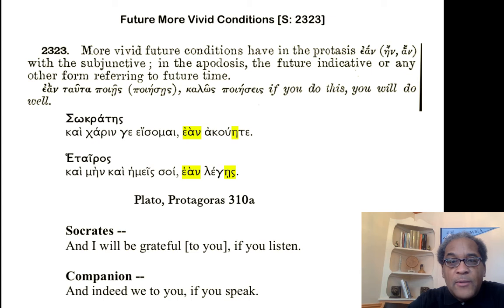Kai charin ge esomai, ean akouēte, and then the companion, Kai mentoi kai hēmeis soi, ean legēis. So we see the ean in both clauses, and then akouēte and legēis are subjunctives. So ean with the subjunctive is the signal that we're dealing with a more vivid future condition.